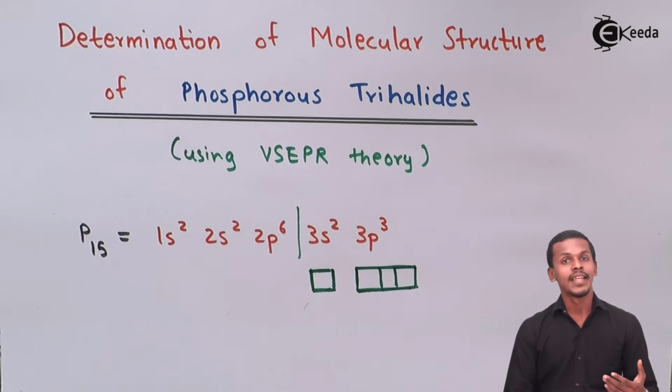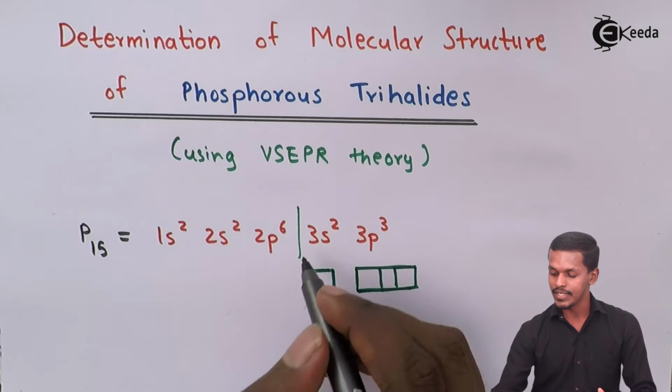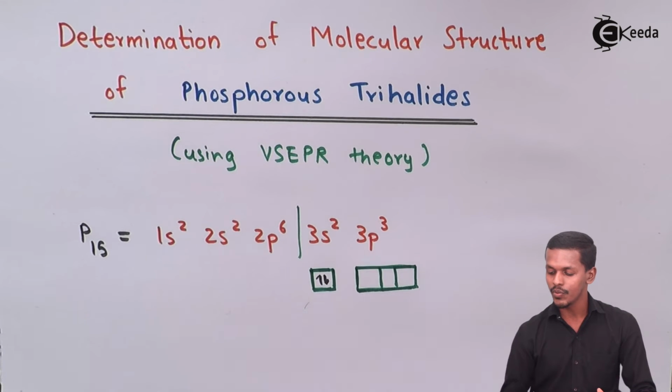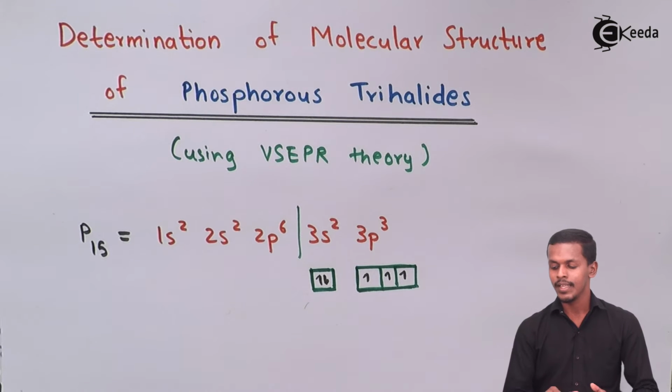So there are 2 electrons over here, and here 3 electrons. That is what we wanted to understand.